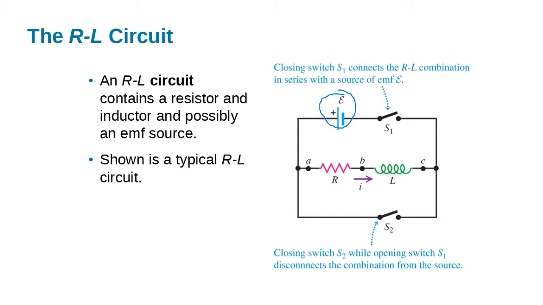And if we've got another branch of this circuit with another switch, switch 2, then once we've built up a steady-state current in our inductor, we could open switch 1 and close switch 2 and then dissipate any energy that's stored in it.